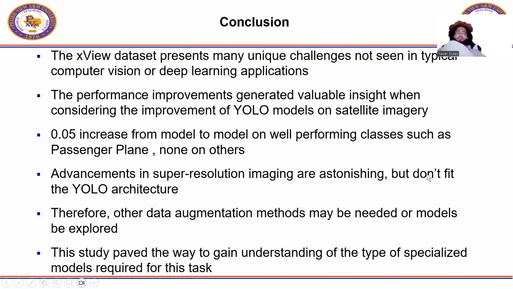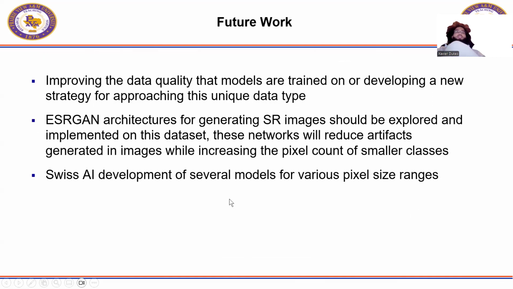Advancements in super resolution imaging are astonishing, but don't fit the YOLO architecture. Therefore, other data augmentation methods may be needed or other models be explored. This study paved the way to gain understanding of the type of specialized models that are required for this task.